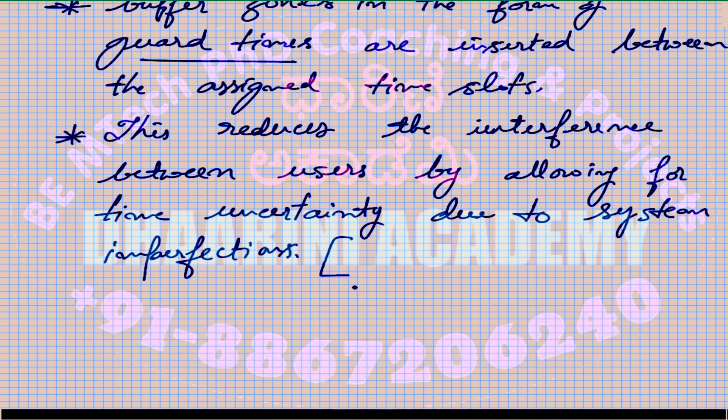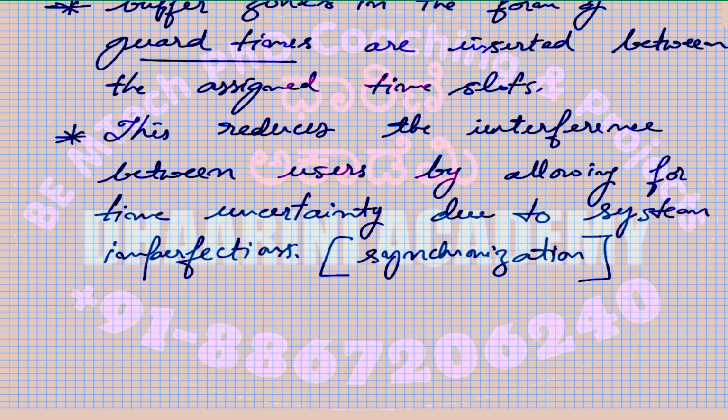If we want to put the right words here, it should be the synchronization schemes of each device. Because of so many users using the communication channel, you cannot use a common clock for everyone. That's impossible in this case.